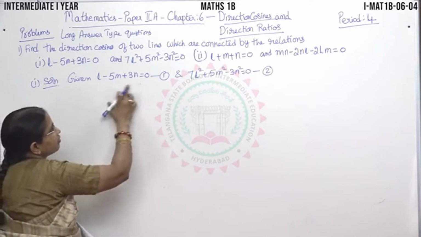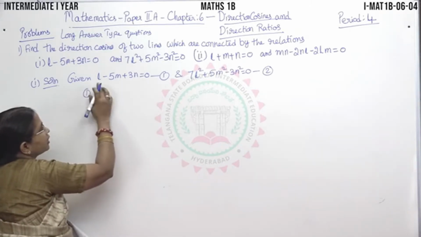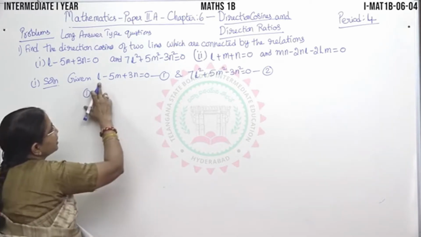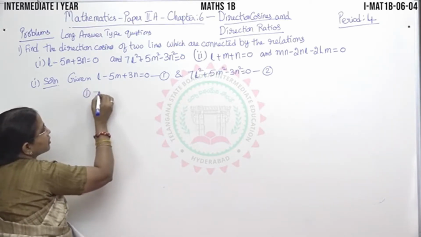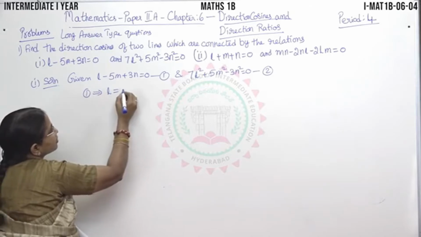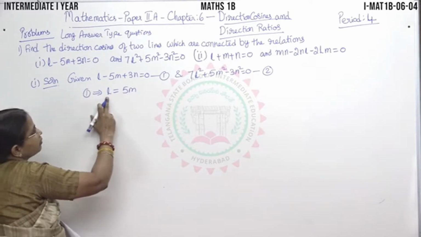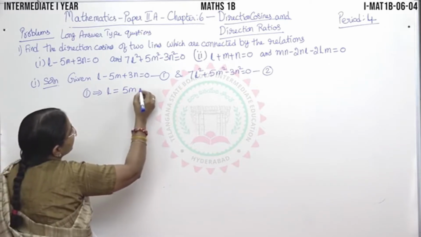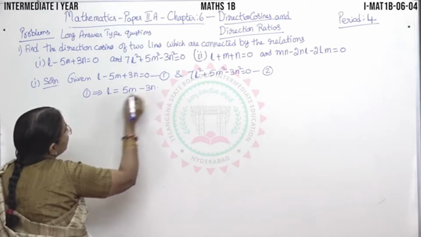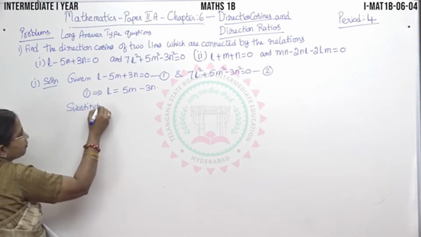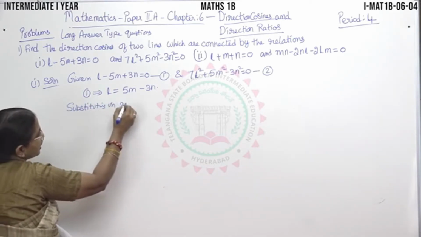So from the first equation you find out any one, either l or m or n, anything you can find out. Here it is easy to find the l value because it has coefficient 1. So from equation 1, l is equal to 5m minus 3n. Now what you do is substitute in the second equation.